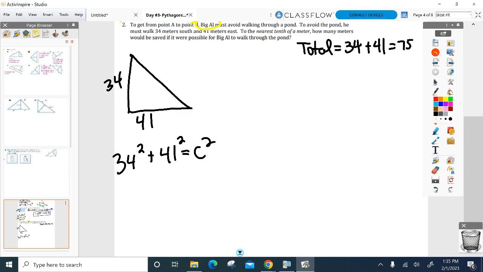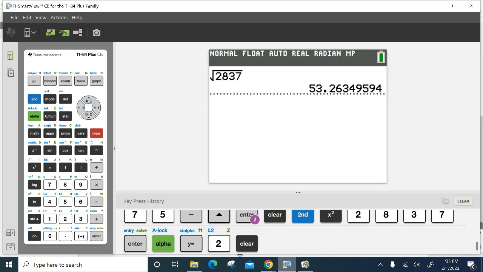So I'm going to make a huge spectacle up here in a second. What do I get there? 2,837 when I add those together. And then you take the square root. To get c by itself, you take the square root. I'm not going to have you break that down. Don't worry. But everyone's going to their calculator right now and doing the square root of 2,837.